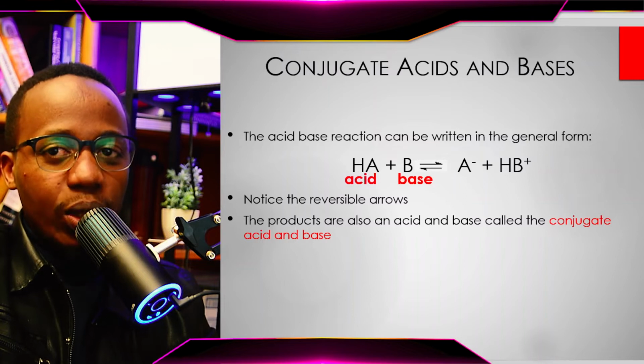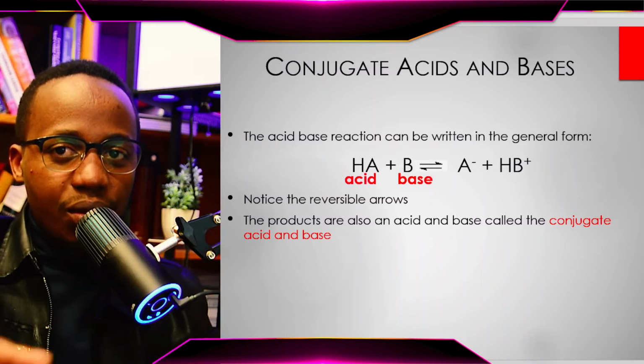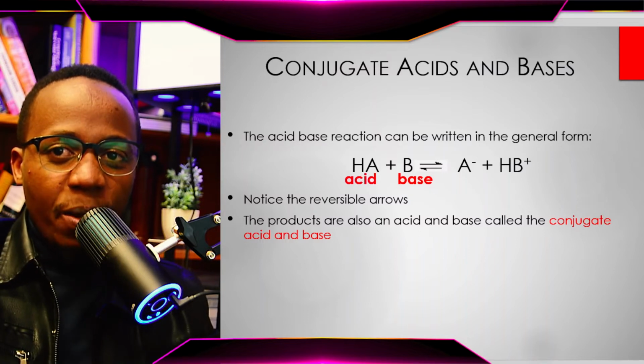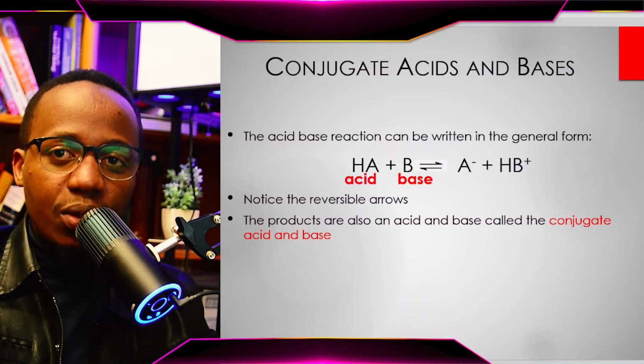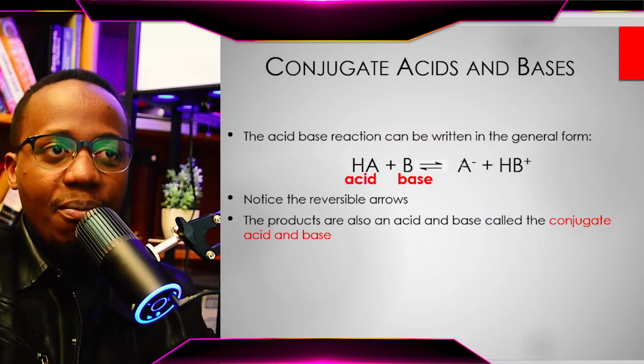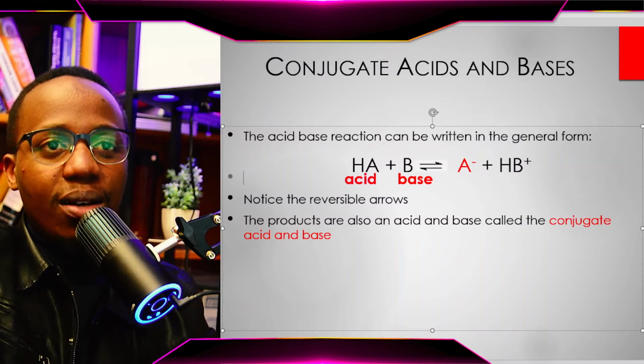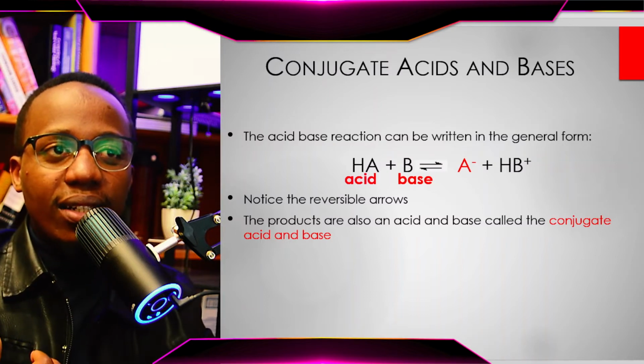All right. So something interesting happens when you do that. HA is something that gives away hydrogen. It's an acid. But if it's already given away hydrogen, it's going to now need hydrogen. So this A minus right here is something that needs hydrogen. What do we call something that needs hydrogen?